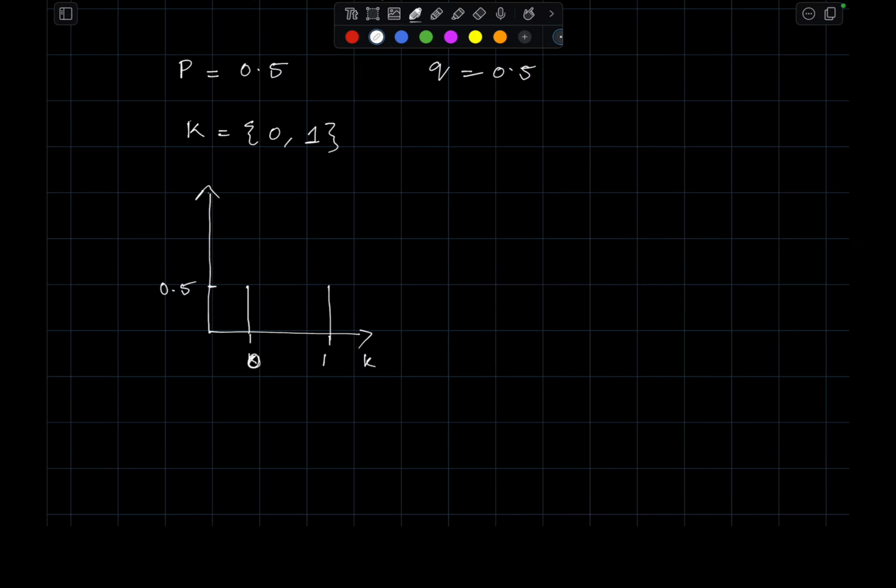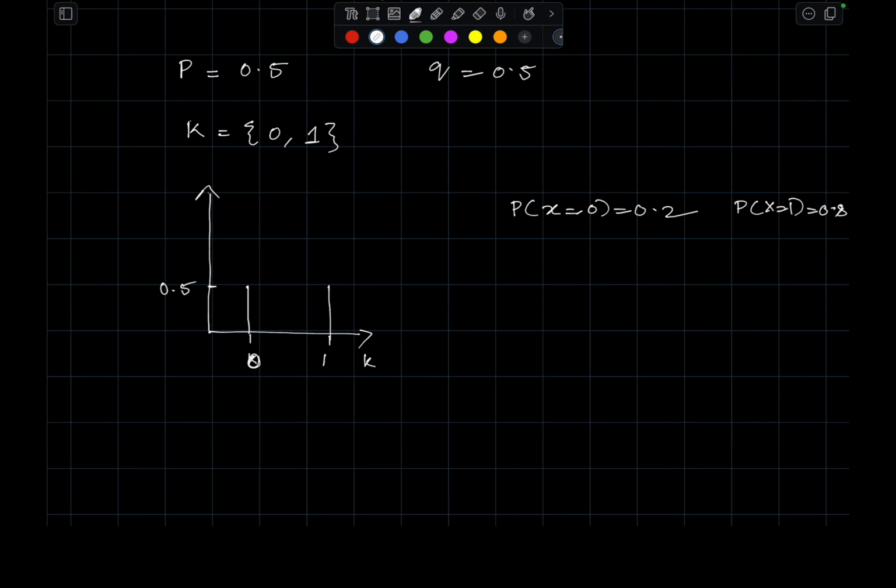Similarly, we can have cases with coins that are not fair. Let's say probability x equal to 0 is 0.2 and probability x equal to 1 is 0.8. It's a case where the coin is not fair.